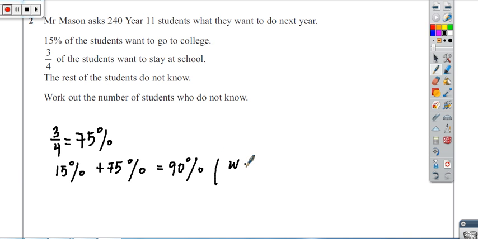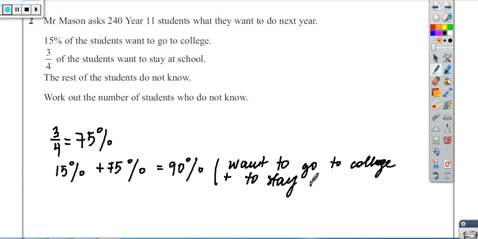So you found the number of students who want to go to college and want to stay at school.